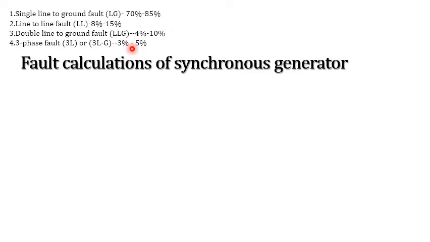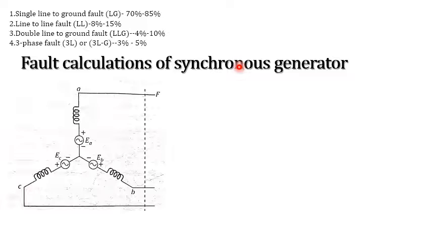As we understood in the previous chapter the symmetrical fault on the generator and the transmission line, in the same way we are going to understand the unsymmetrical fault on this equipment. First, let us look at fault calculation on a synchronous generator. Consider a balanced three-phase synchronous generator subjected to some unsymmetrical fault at F across the terminal.